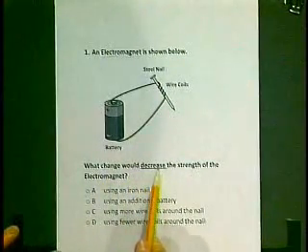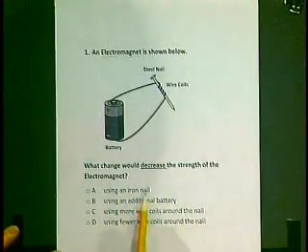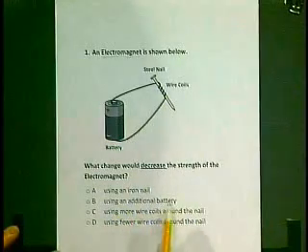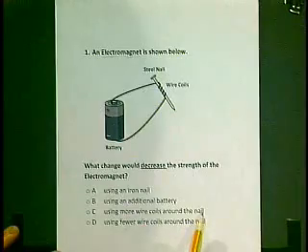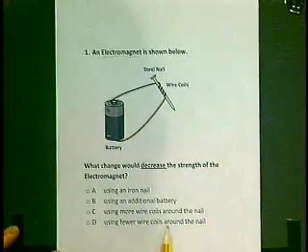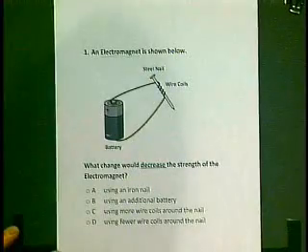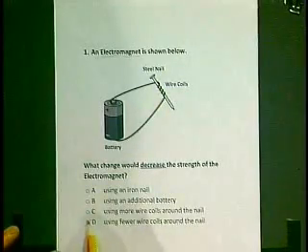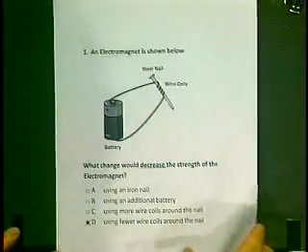What change would decrease the strength of the electromagnet? Using an iron nail, metal nail, using an additional battery, using more wire coils around the nail, or using fewer wire coils around the nail? Well, if you remember our data, the correct answer would be D. Fewer wire coils around the nail.